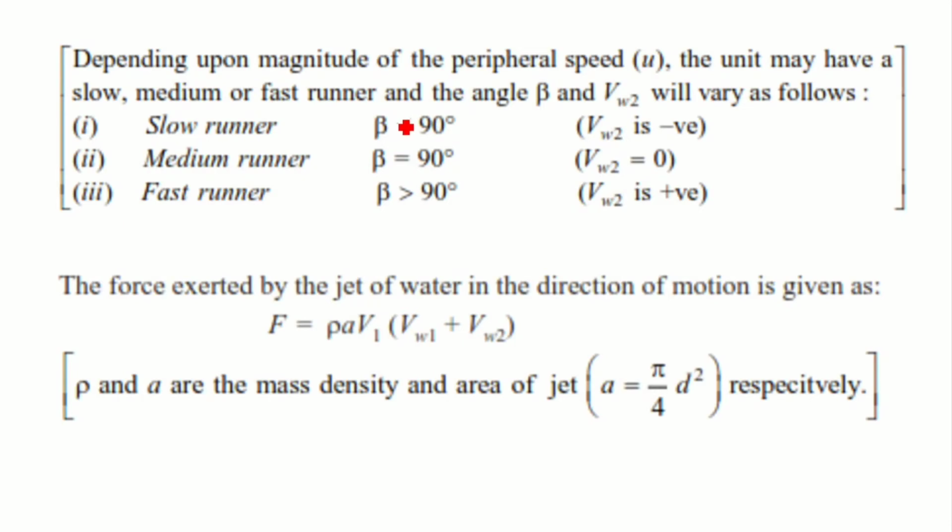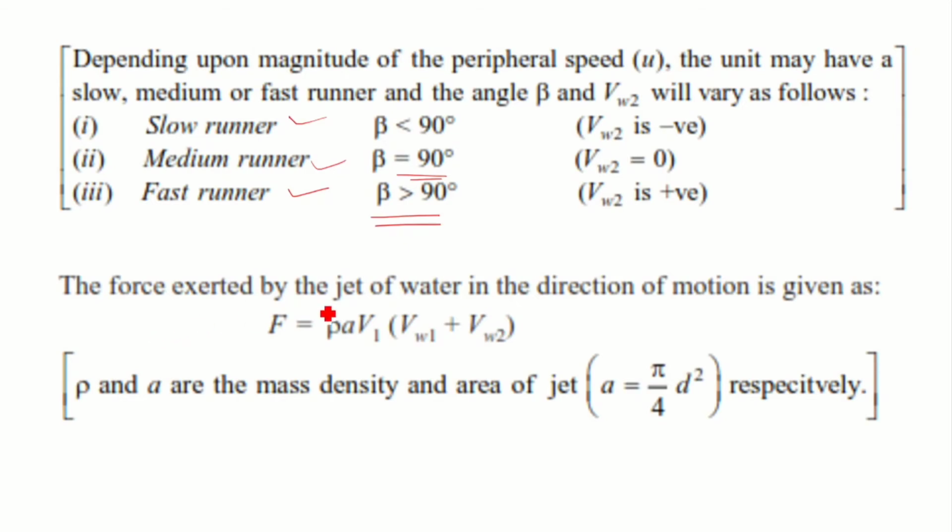The angle that the absolute velocity at the outlet makes with the horizontal gives beta. If beta is an acute angle, less than 90 degrees, the runner is a slow runner. If it is equal to 90 degrees, it is a medium runner, and if it is greater than 90 degrees, it is known as a fast runner.